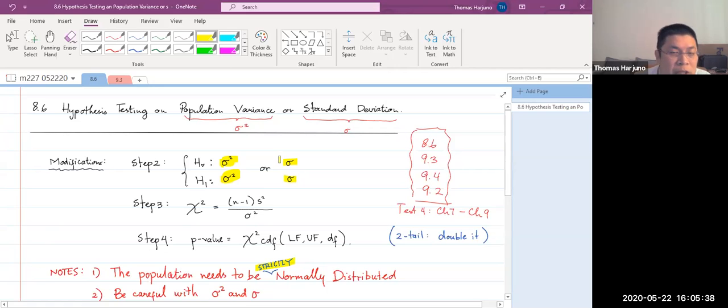Okay, but you will see, even though the test is on population standard deviation, in our step 3 and 4, we are actually testing the corresponding population variance.